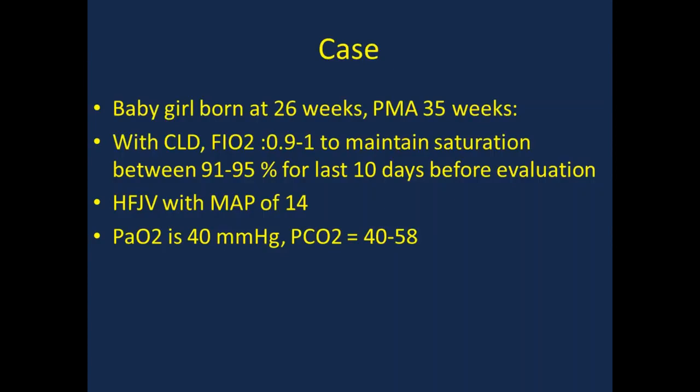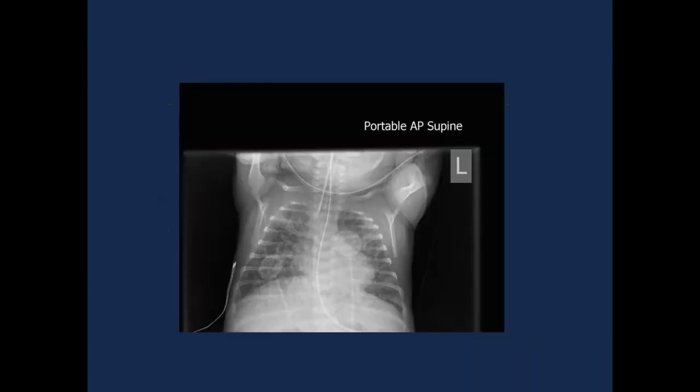Complete washout of the nitrogen, that's one issue, and exposure of the lung to 100% oxygen for more than 10 days. On high frequency jet ventilation, mean airway pressure of 14, partial pressure of oxygen in the arterial blood was 40 millimeters of mercury, and partial pressure of carbon dioxide was 40 to 58.